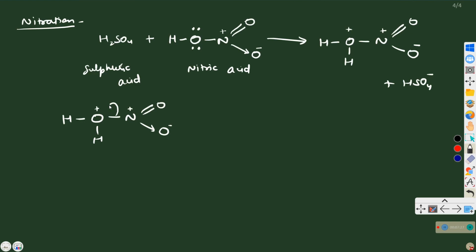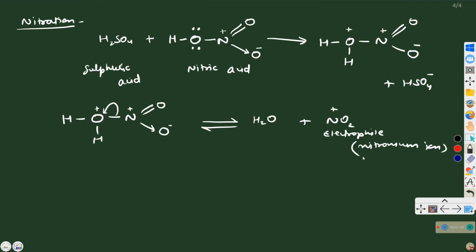This will be taking this electron pair towards itself, and it is going to produce the nitronium ion, which is the electrophile. Nitronium ion. Now, in the second step, this nitronium ion is going to attack the benzene ring in the same way as we have seen in the general reaction mechanism.